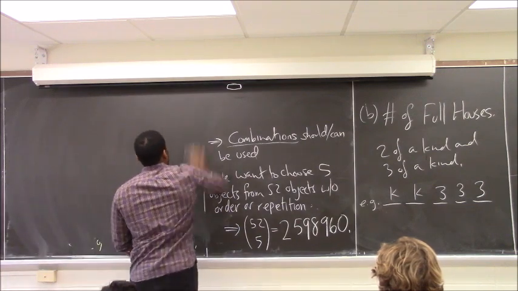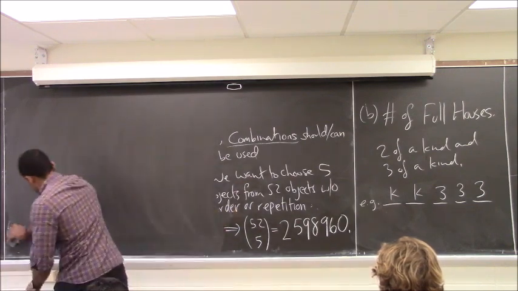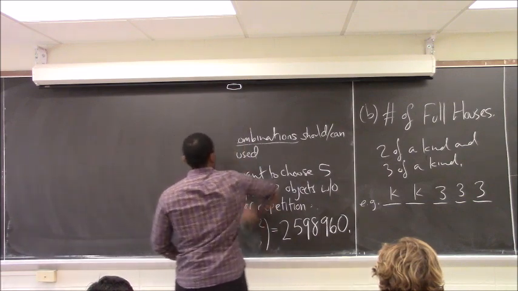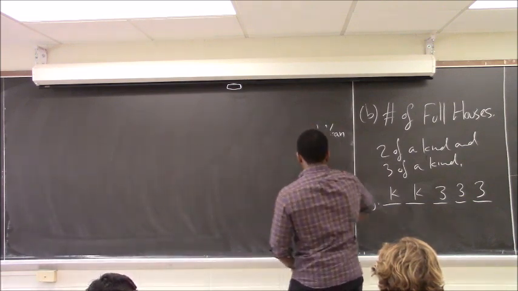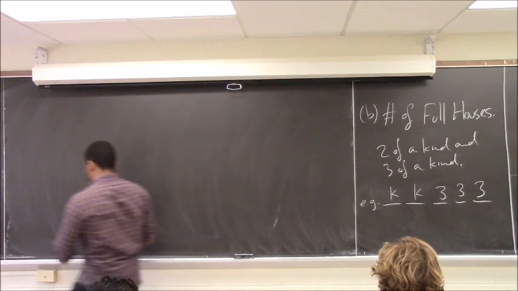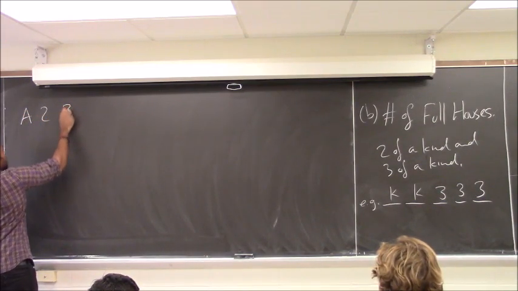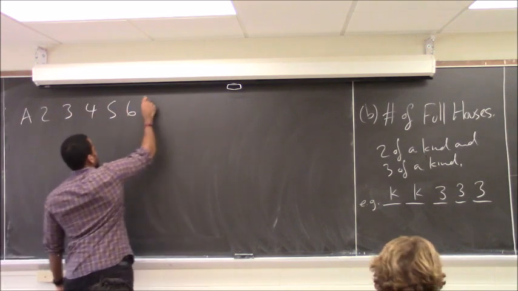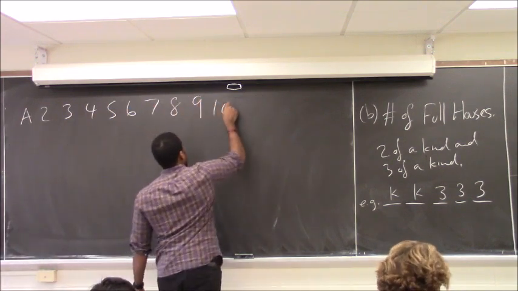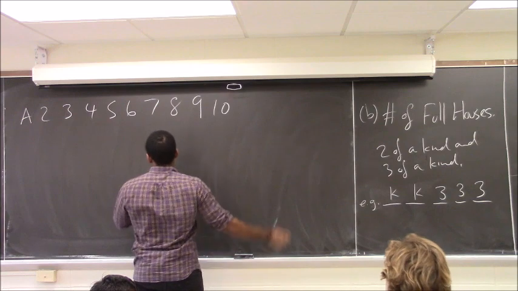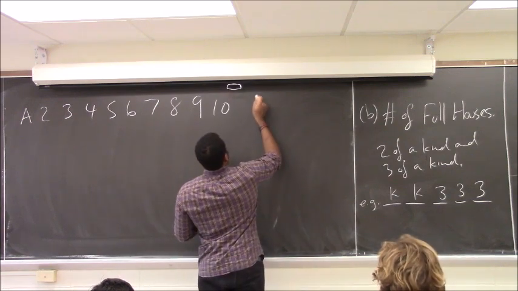Well, we want to remember that there were 13 kinds and 4 suits. So we could have the aces, 2, the 3, the 4, the 5, the 6, the 7, the 8, the 9, the 10. You don't have to write this out every time you're doing a card problem, but just to visualize.